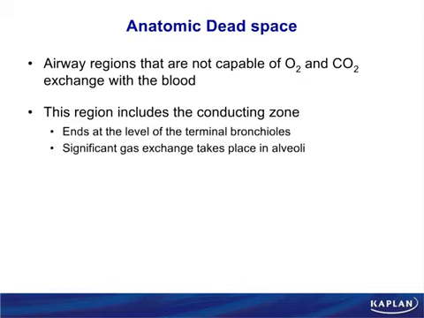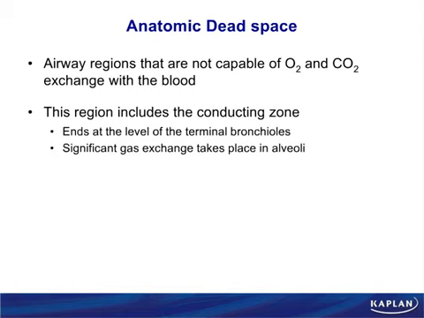Effectively, anatomic dead space represents the tubes that connect your alveoli to atmosphere. Our alveoli are down inside the chest, but they have to communicate with atmosphere, and they do that through the tubes, the conducting zone, which is anatomic dead space.